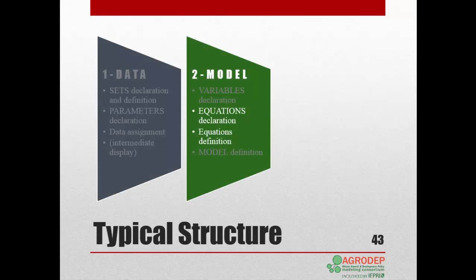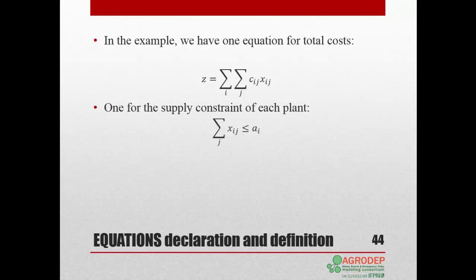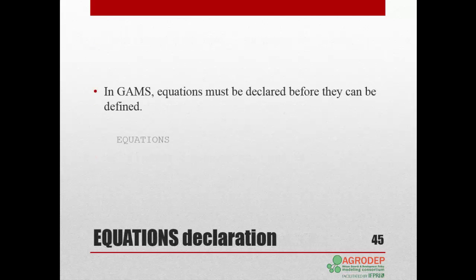Next, we will declare and define the model's equations. Recall that in our example, we have three equations: one equation of total cost and two equations for the constraints, the supply constraint on each plant and the demand constraint on each market. In GAMS, equations must be declared, being given a name, before they can be defined.